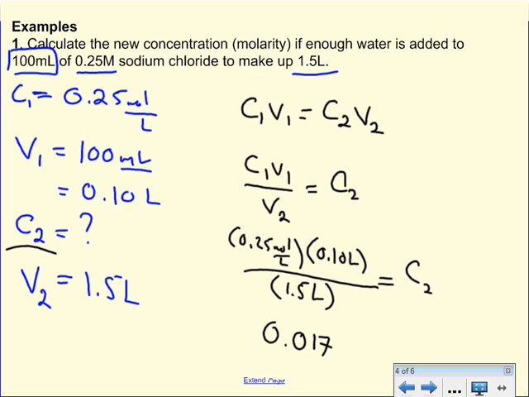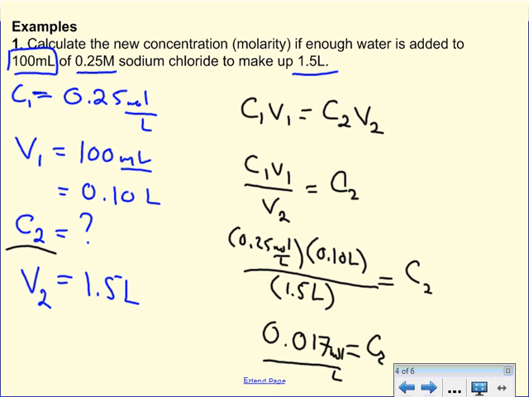Well, it's 6 repeated, so it's 0.017, and that's equal to my new concentration. So I started off with 0.25 molar, and as I added in more water, the concentration has now changed to 0.017 moles per liter.